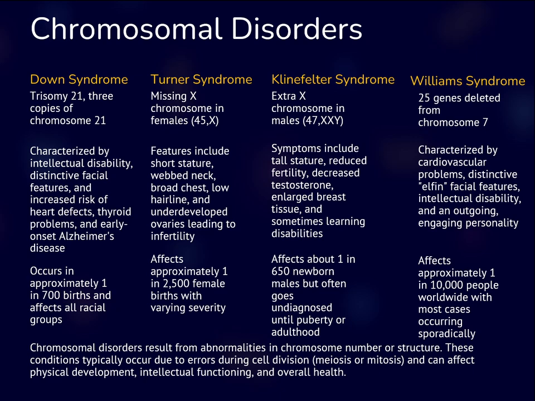So they have the XXY condition instead of the XY. These individuals may have a taller height, less body hair, lower testosterone levels, and may have some learning differences. Remember, large-scale mutations affect many genes all at once, so they often cause more severe problems than single gene mutations.